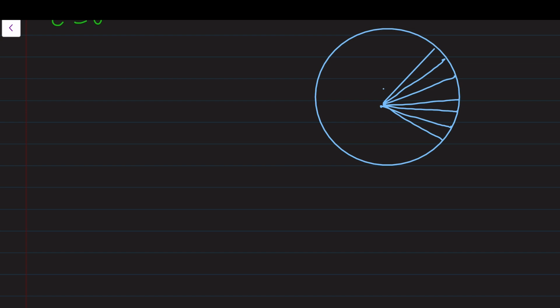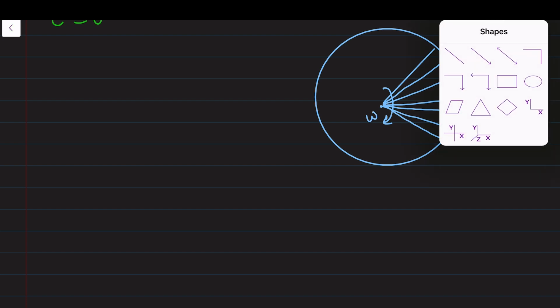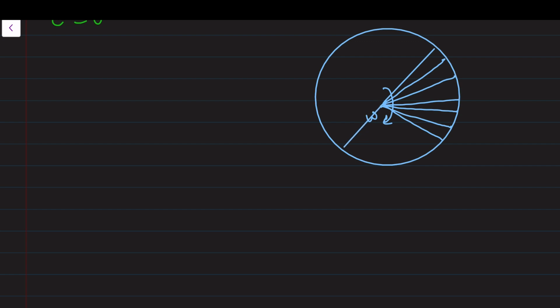Now as it is rotating, and discs are not only there, here also this will be there like this way, it will be there.